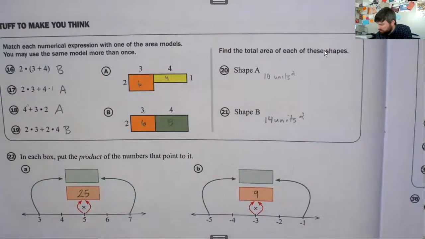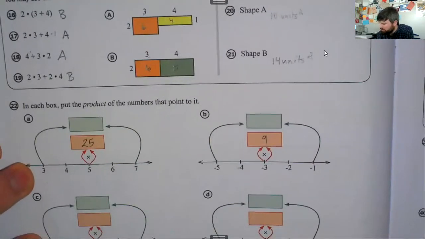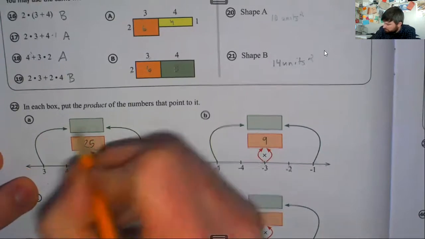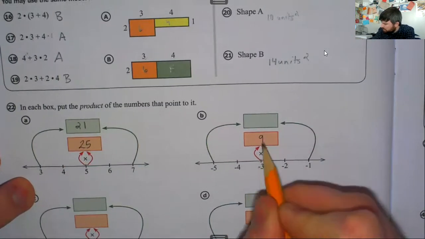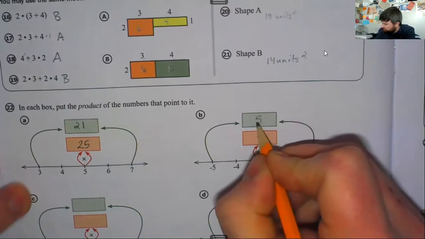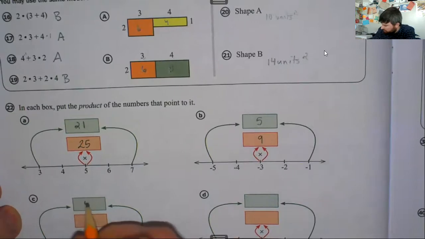Okay, 22, in each of the boxes, put the product of the numbers that point to it. Okay, so you got 5 times 5 is 25. 3 times 7 is 21. Negative 3 times negative 3 is 9. Negative 5 times negative 1 is 5. 5 times 9 is 45.